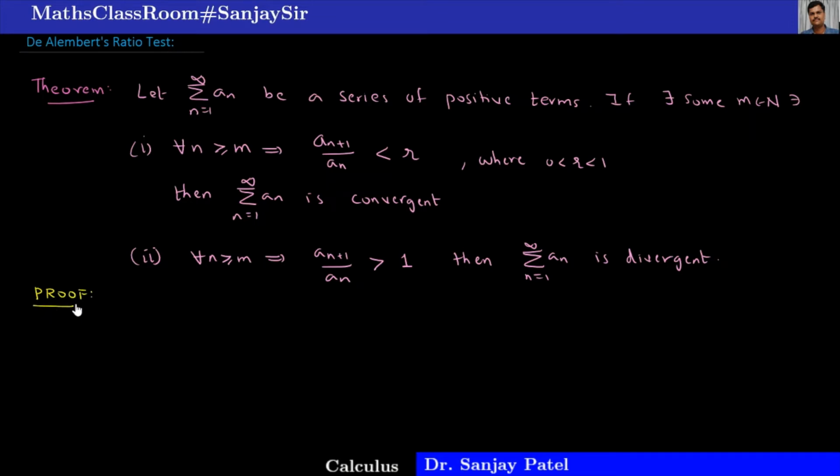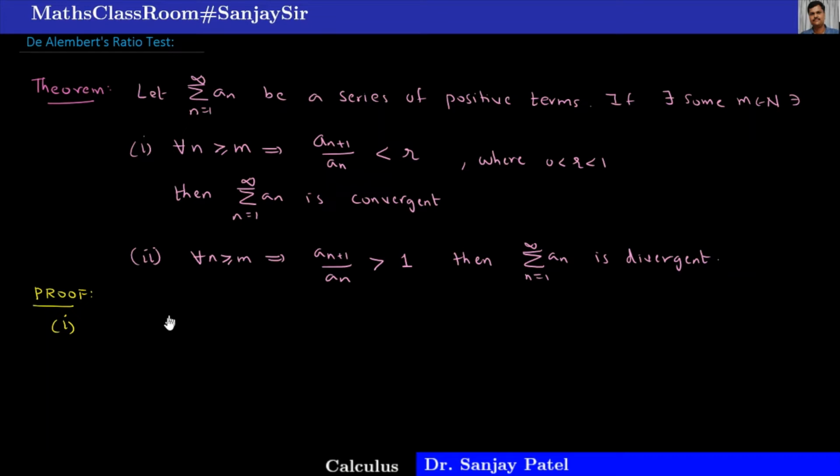So, proof of this. There are two parts here. In the first part, what is given is that for every n greater than or equal to m, for some positive integer m, this condition is satisfied for some value of r between 0 and 1. So we can also say that a_(n+1) upon a_n is less than r, and r is less than 1. So the first part: here the given series is sigma a_n, n equal to 1 to infinity.